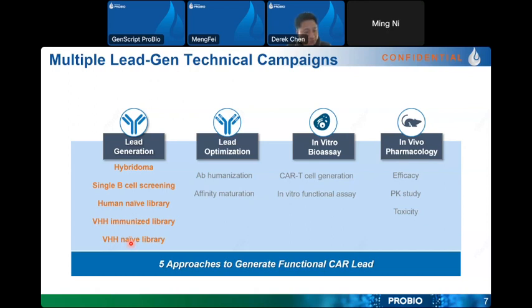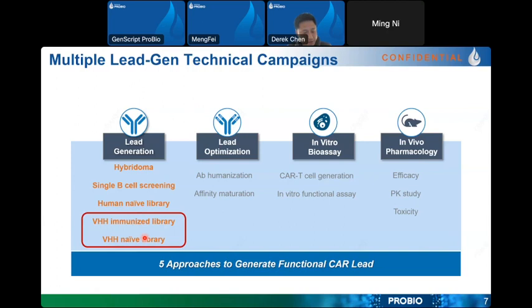Alternatively, VHH is a naturally generated antibody with retained affinities. In addition, the size of the VHH gives it a unique advantage for certain inaccessible epitopes. In this talk, we will focus on the VHH modalities through the immunized and naive library.